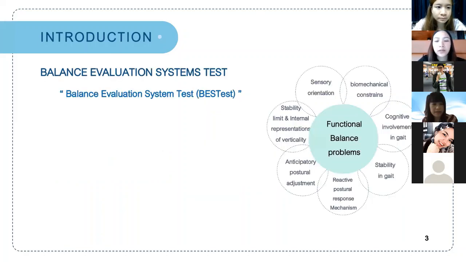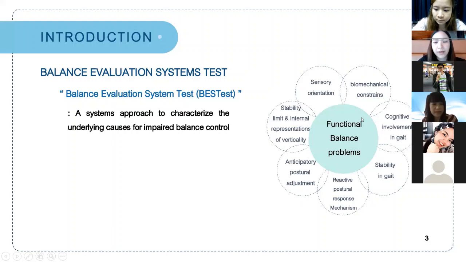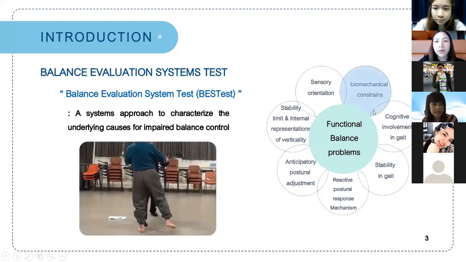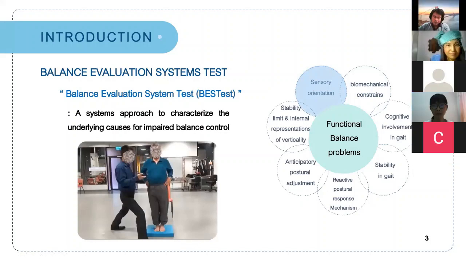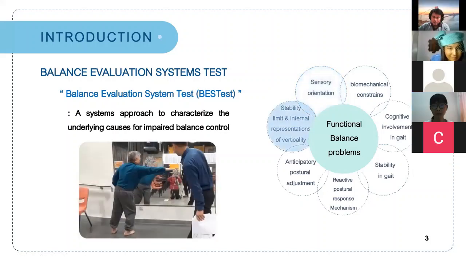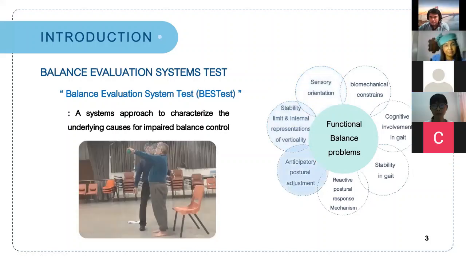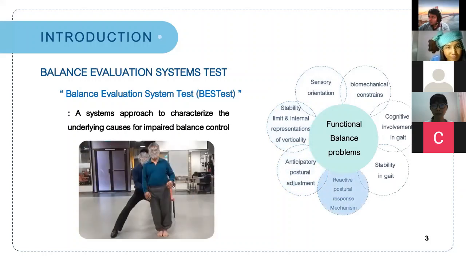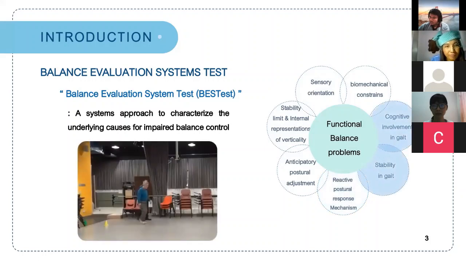A more recent tool, the Balance Evaluation Systems Test or BESTest, is a clinical balance test that approaches 6 domains to characterize the underlying cause of impaired balance control, including biomechanical constraints, sensory orientation, stability limits and verticality, anticipatory postural adjustment, postural response, stability in gait, and cognitive involvement in gait.